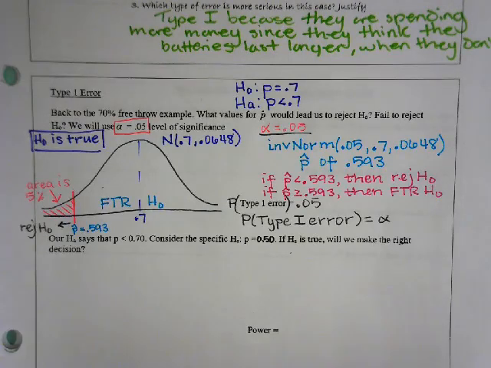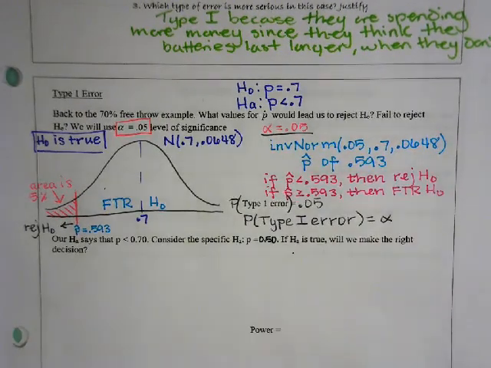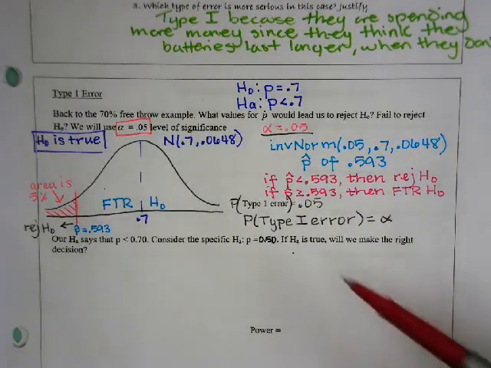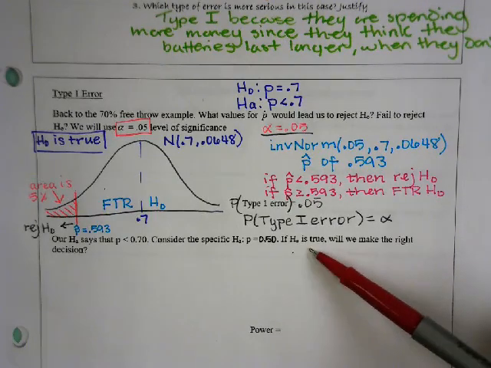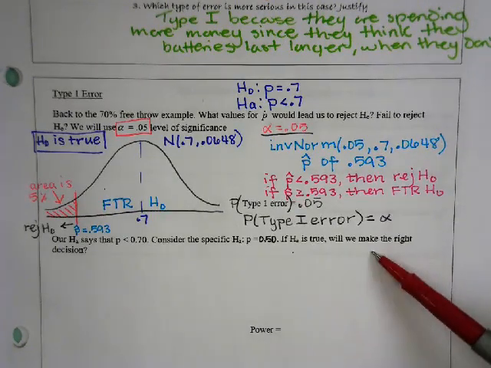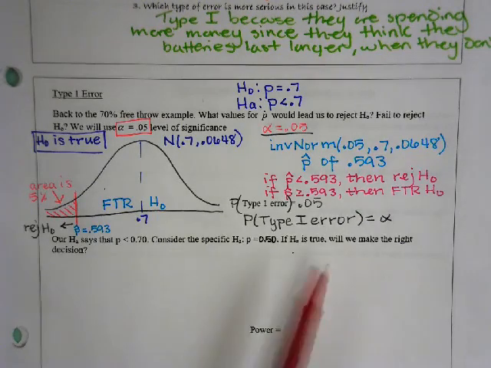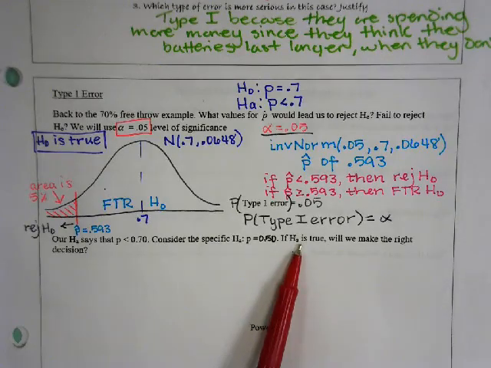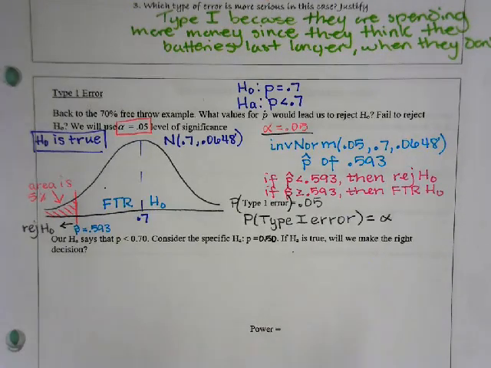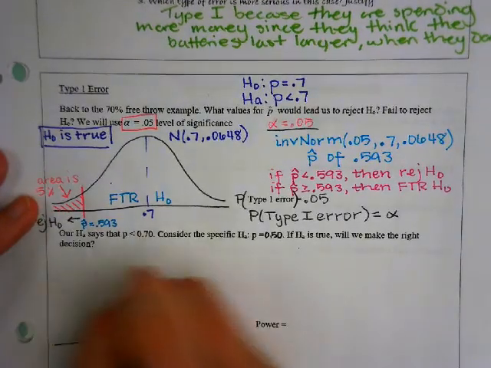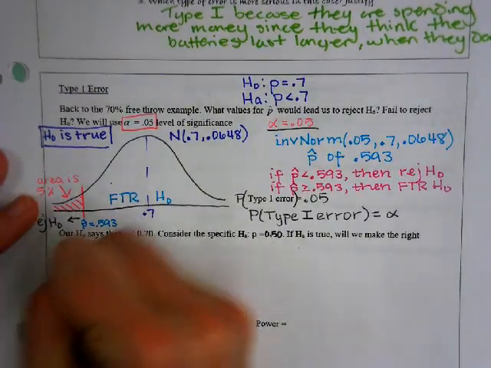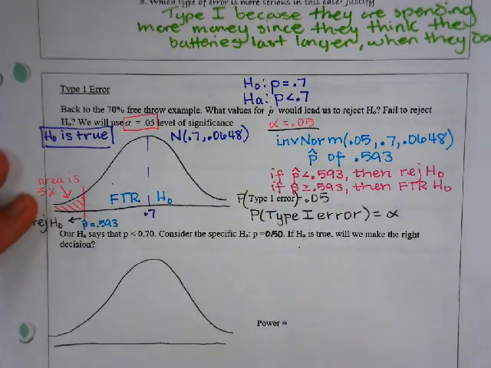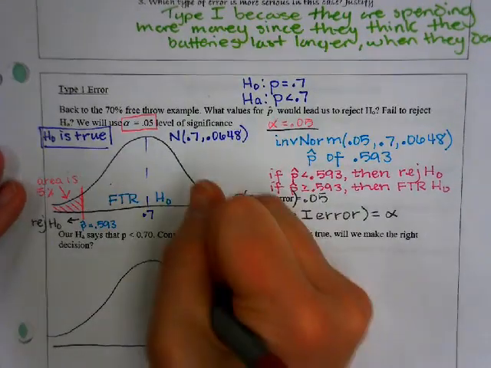So we're going to figure out the power of our test when the alternative is true and we correctly identify the alternative. So for this picture, we're still working with a normal curve, but we're going to assume that the alternative is true. So 0.5 is going to be at my center. HA is true.